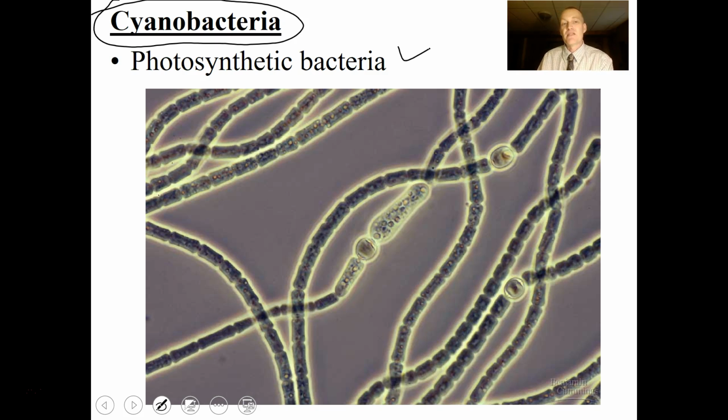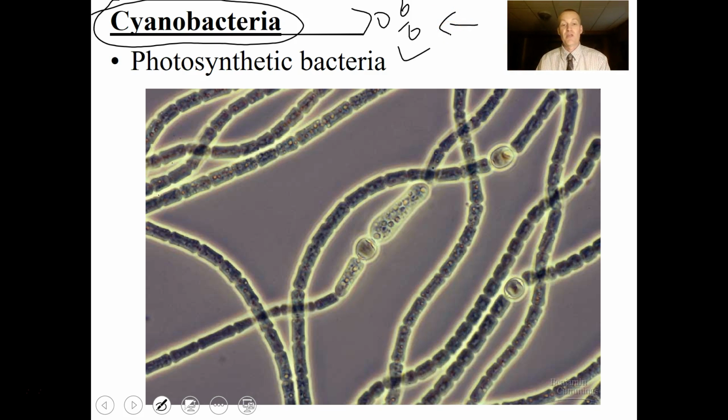The cyanobacteria, along with the algae, probably make 70% of all our oxygen that we actually breathe. So theoretically, you probably could cut down all the trees on Earth and still have enough oxygen to breathe, as long as there are organisms in the ocean. We want to be real careful, because the ocean, we want to protect it, and if we don't protect the ocean, we don't protect our oxygen supply.